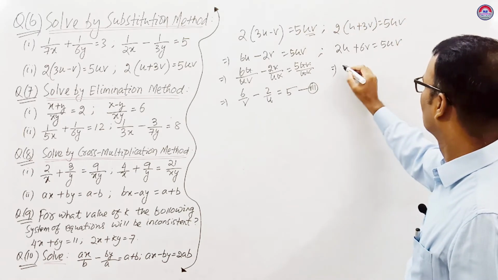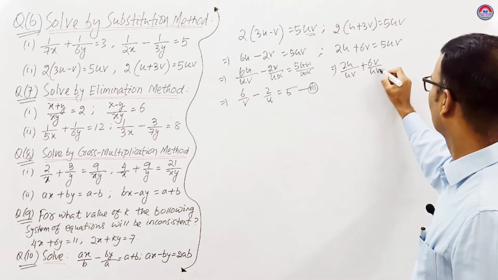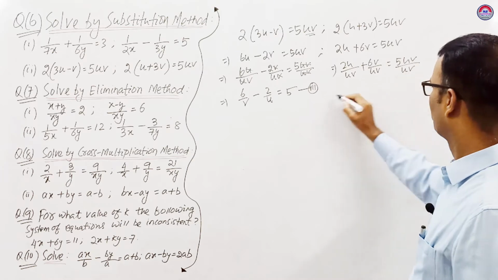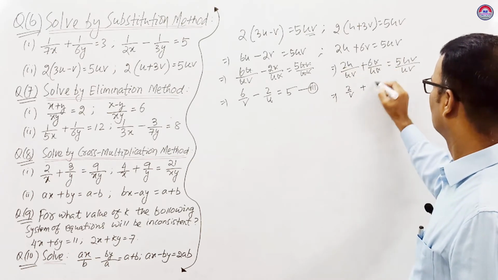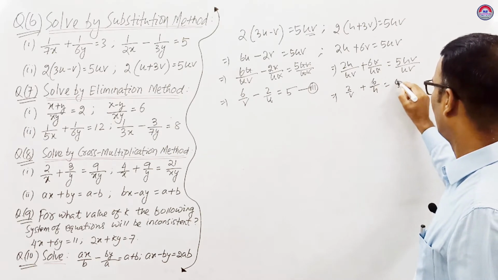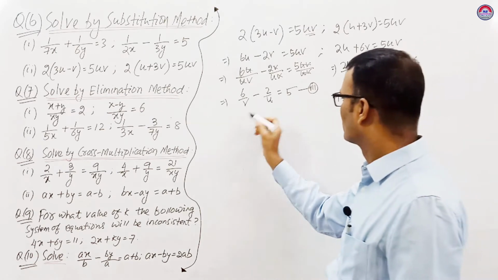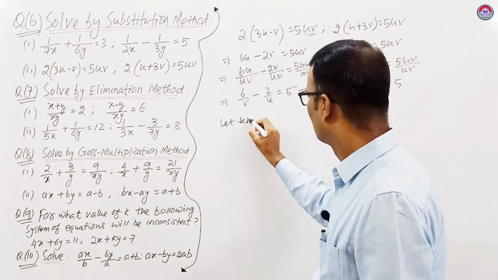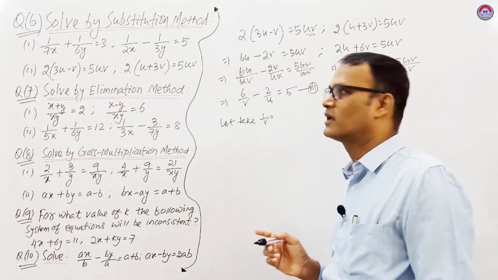You see here 2u by uv plus 6v by uv is equal to 5uv by uv. So this will be 2 by v plus 6 by u equal to 5. Now you see here this one, let's take 1 by v equal to x or y, anything you can take.